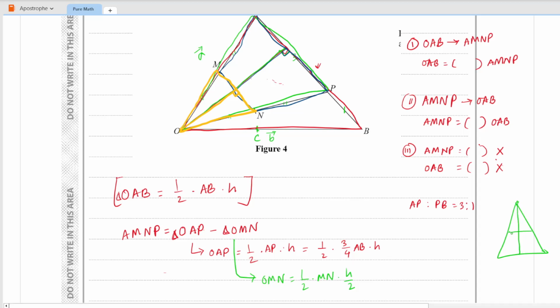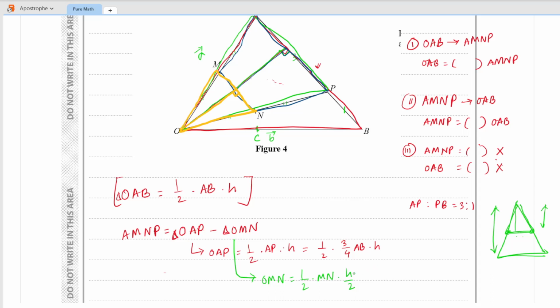So when you have a line going through the midpoints of two sides, then the height here also becomes half of the total height. Okay, so basically you have a smaller triangle here which has a base half of this, and height, this height is half of this height.